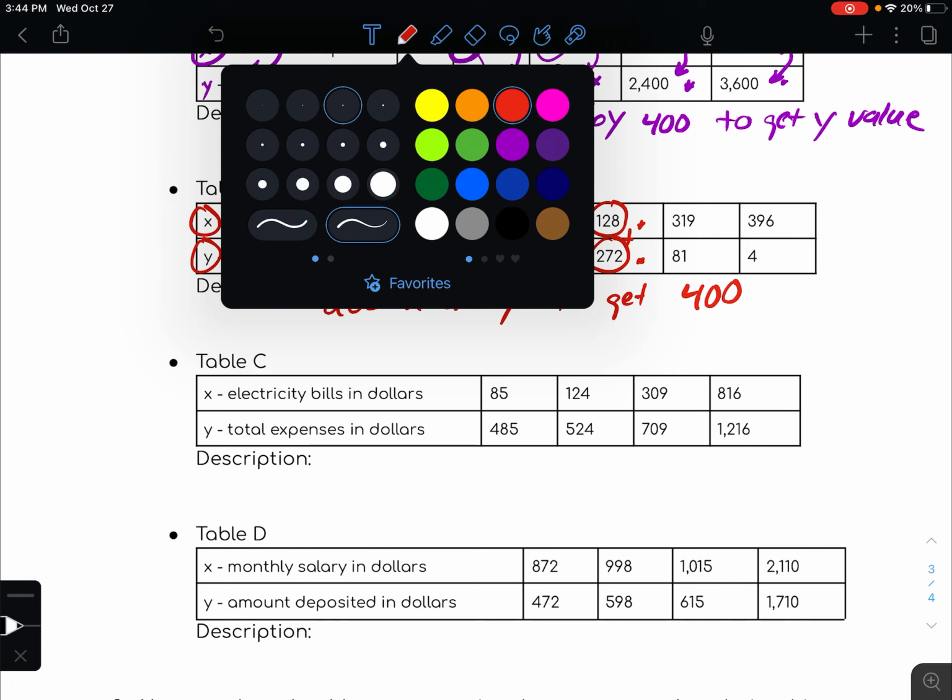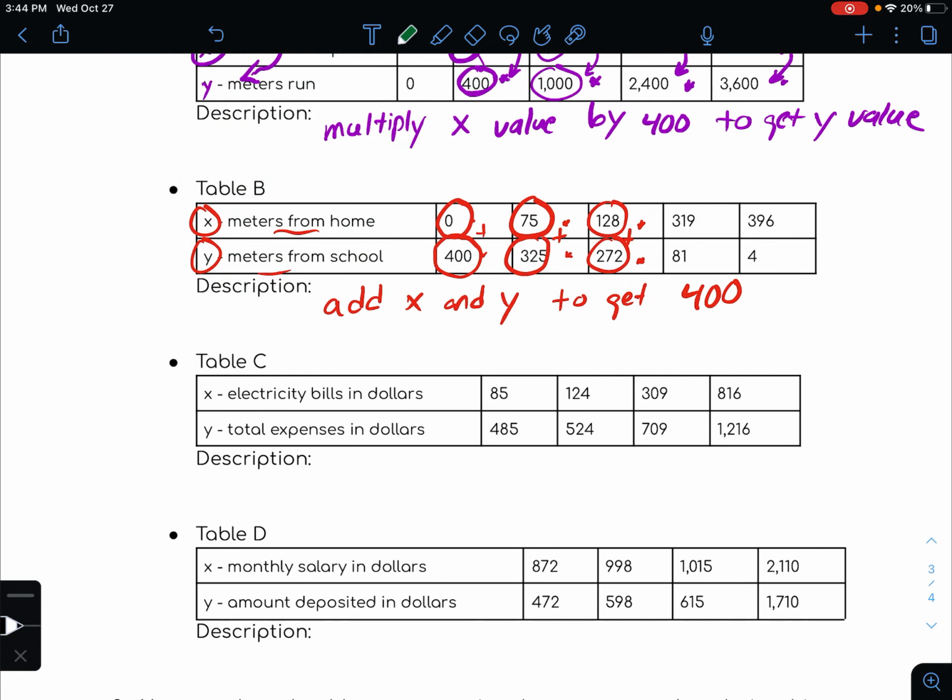All right, let's look at the next one. Electricity bills in dollars, expenses in dollars. How can we move between the two? How is one related to the other by using 400? I'm noticing that if I take the x and add 400 to it, I get the y. 85 plus 400 is 485. 124 plus 400 is 524. 309 plus 400 is 709.